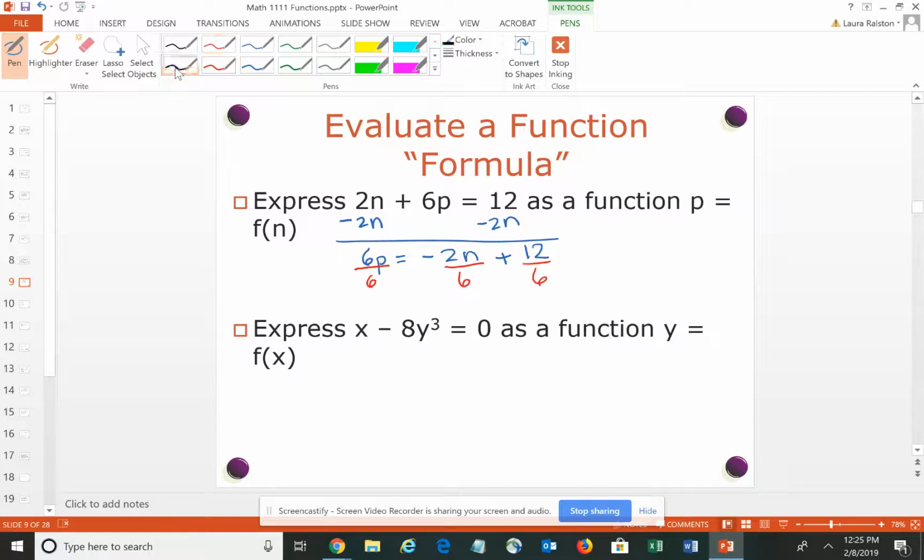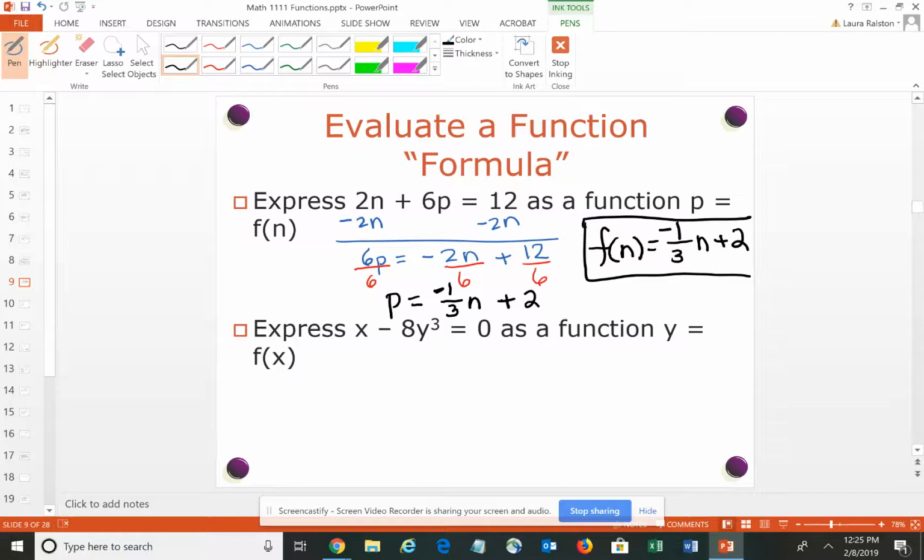And when I do that, I have p equals negative 2/6, but that'll simplify to 1/3 n plus 2. So this equation written in terms of p, we could actually now write this as f of n equals negative 1/3 n plus 2.